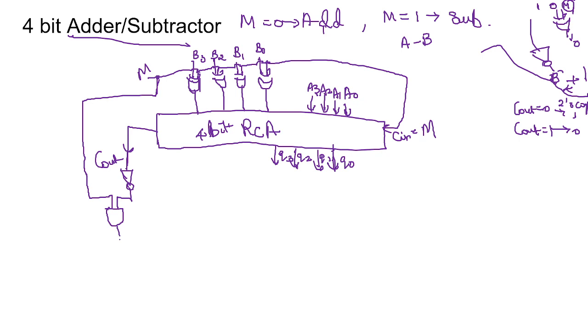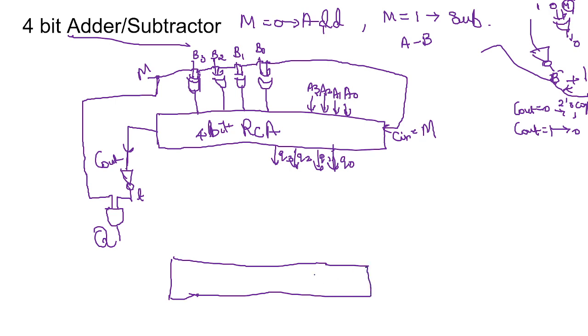So I will apply through another AND gate. Let this be D and this be Q. So now we have to take the 2's complement again, so we need another 4-bit RCA. I will be performing the complement if Q is 1, when C out is 0, and I am performing subtraction, that is M is 1.